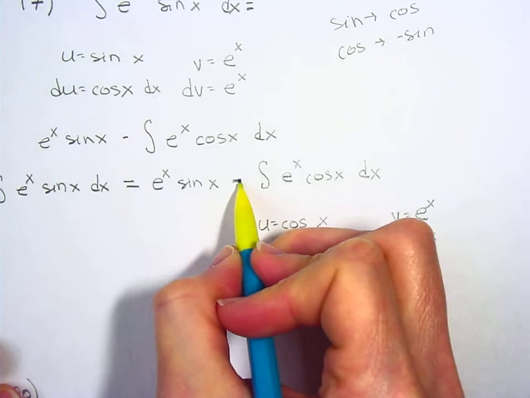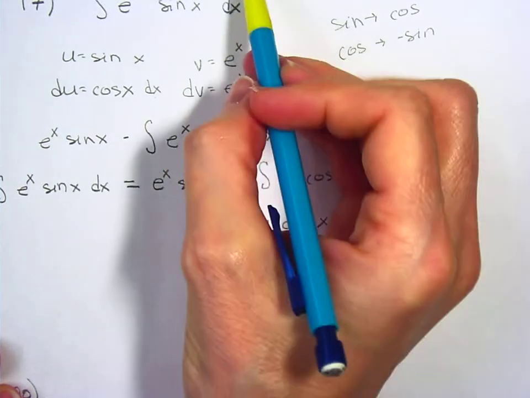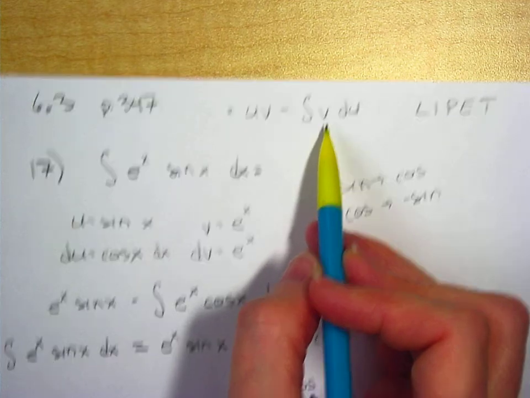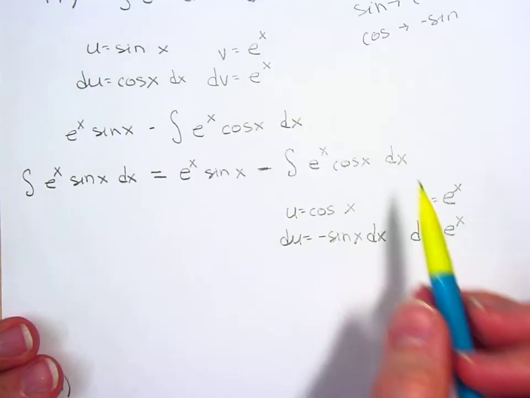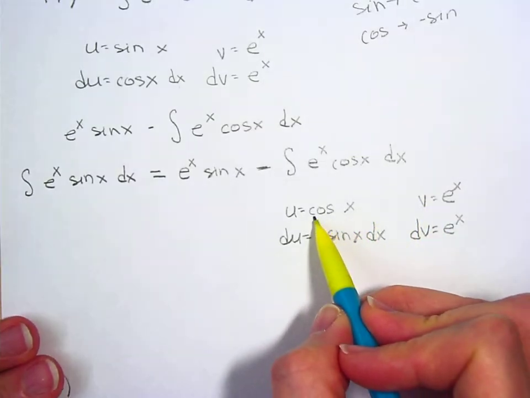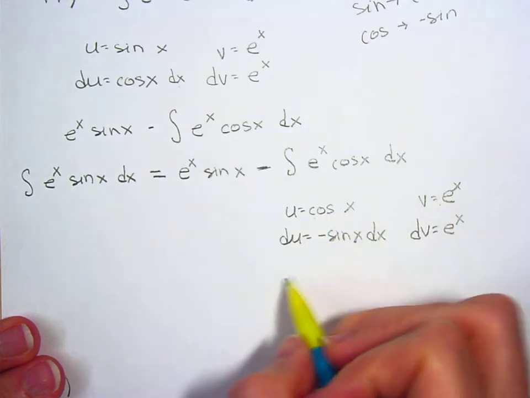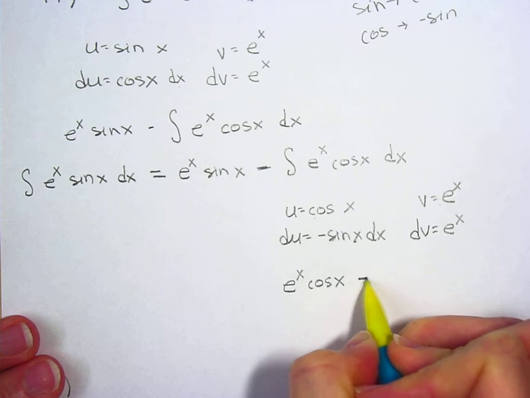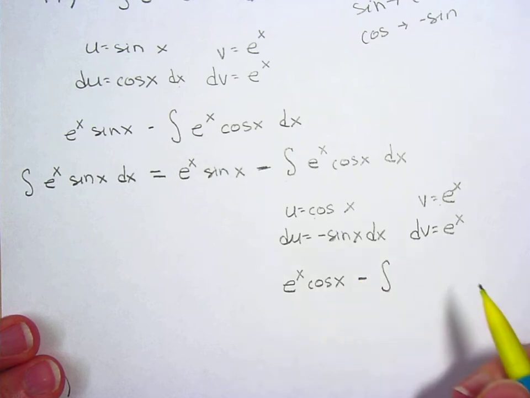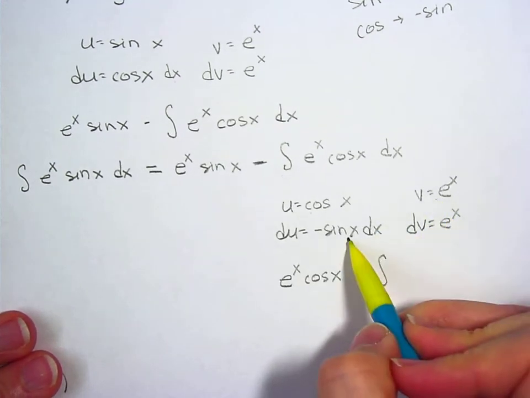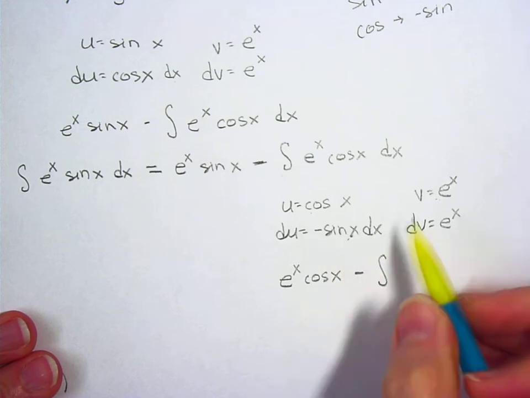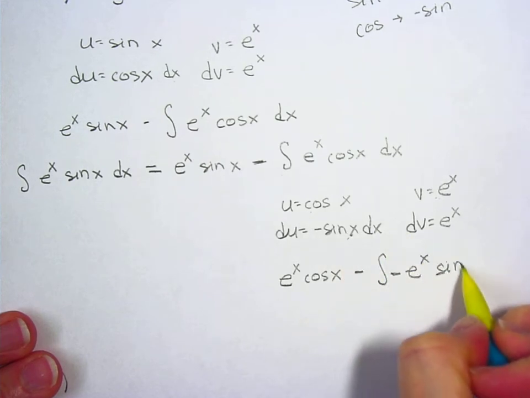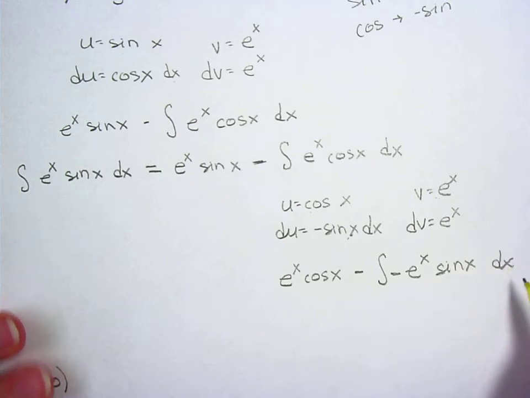So now I'm doing u times v minus the integral of v du. So u times v is cosine of x times e to the x. I'm going to put the cosine of x in front, minus integral of voodoo, which would be v du. Okay, so I'll write it as minus e to the x sine of x dx.